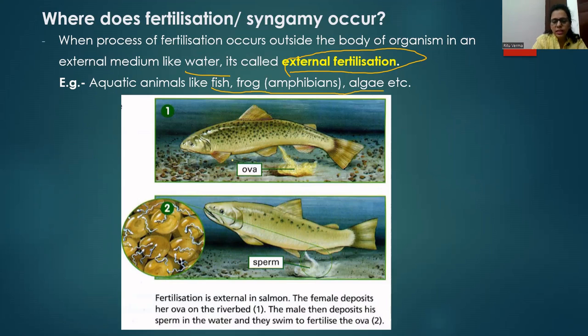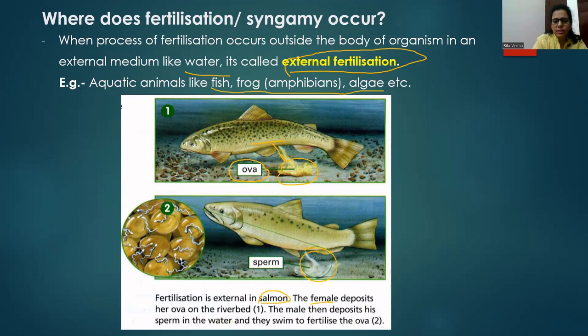You can see in this picture a fish called salmon. This female fish is releasing ova, many female gametes. The plural of ovum is ova. The male also releases his gametes.